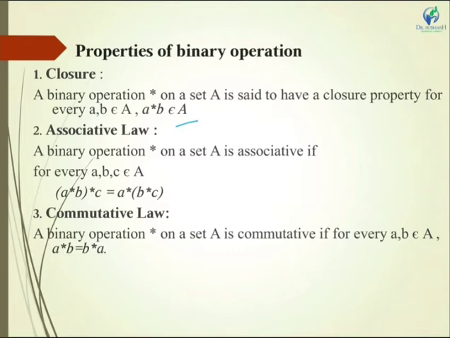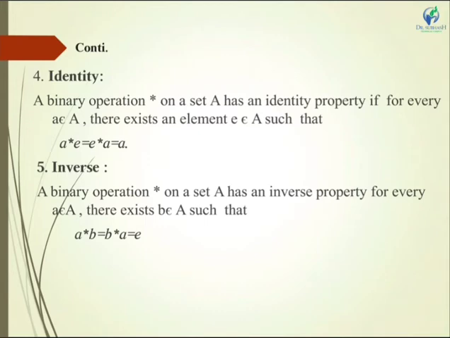Third one is the commutative law. A binary operation star on a set A is commutative if for every a, b in A, a star b equal to b star a. Fourth property is identity.